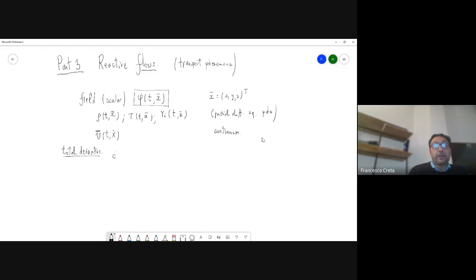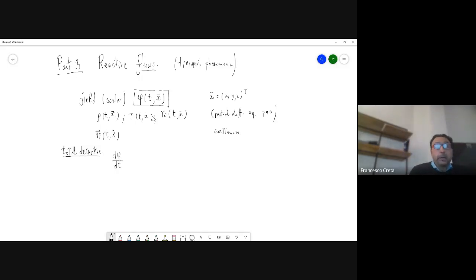How does phi vary with respect to time? And what does that mean necessarily? Because phi is a function of time, yes, but also a function of space. It's a field. What do we mean by the total derivative with respect to time?